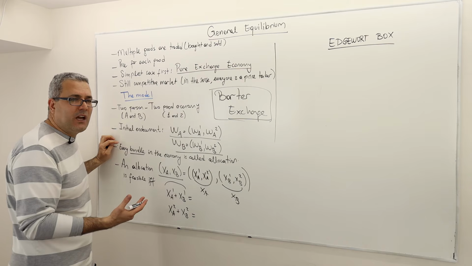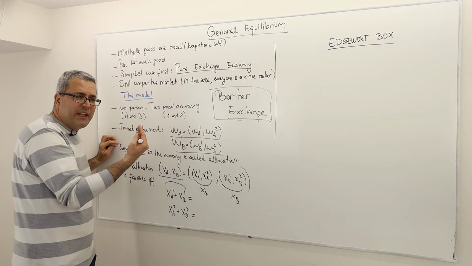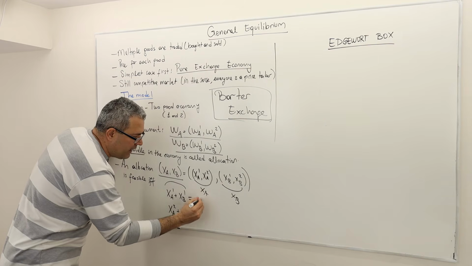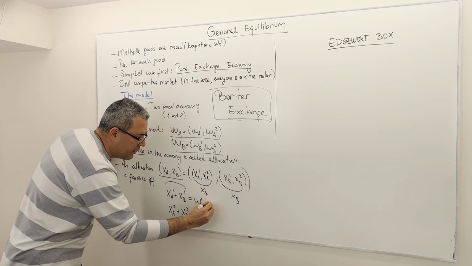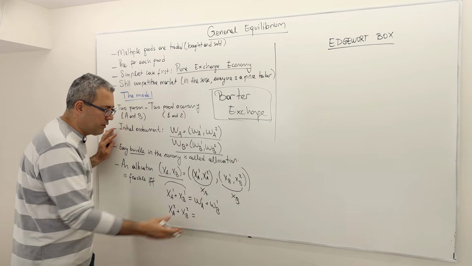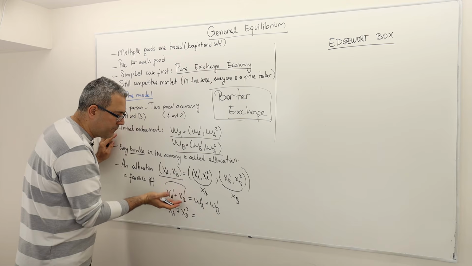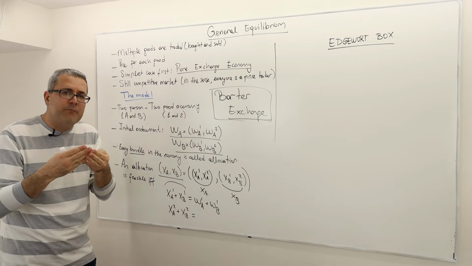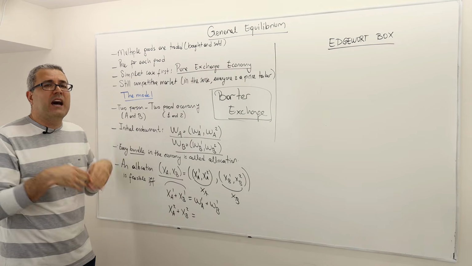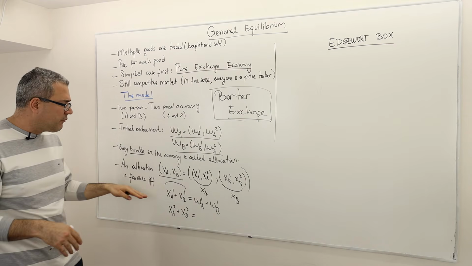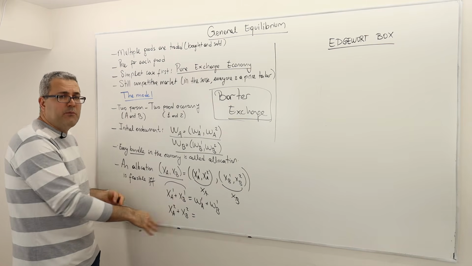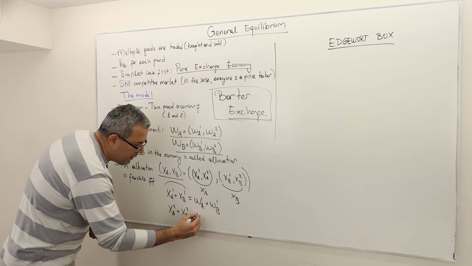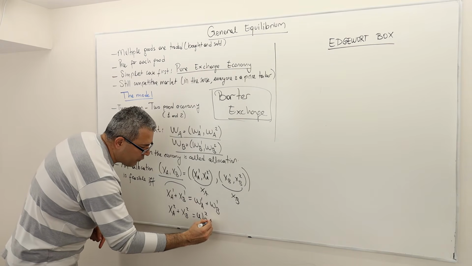What is total supply for good 1? Remember, the initial endowments are the supplies. Individual A brings some good 1, and individual B also brings some good 1. So this is total supply for good 1, and this is total demand for good 1. The demand and supply must be the same, otherwise it is not a feasible allocation. Symmetrically, the same must be true for good 2: total demand for good 2 must equal total supply for good 2.